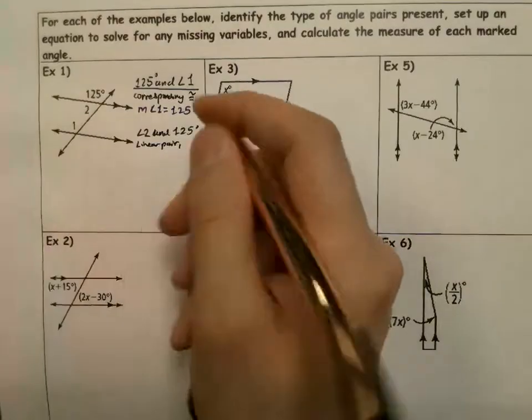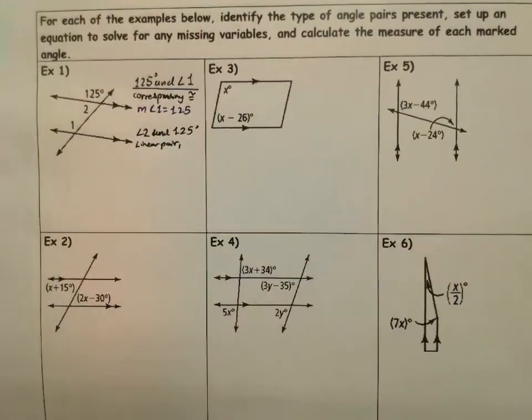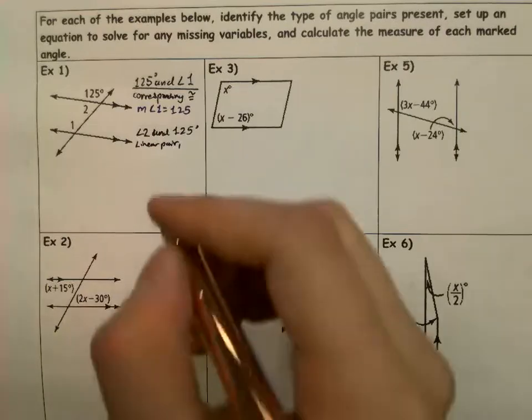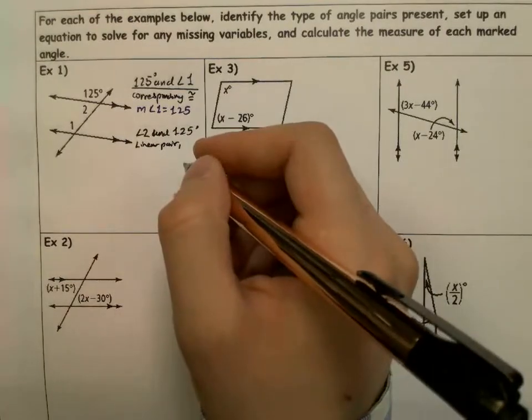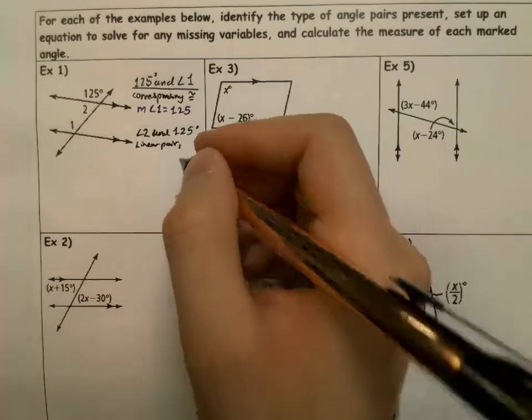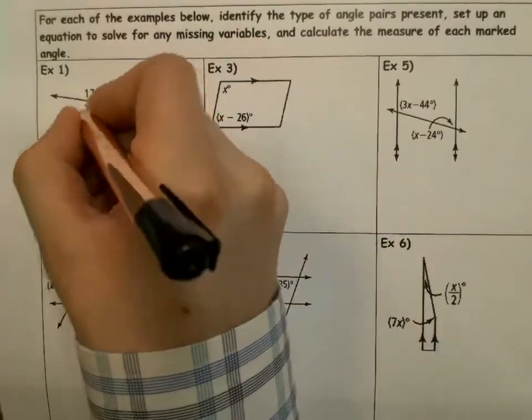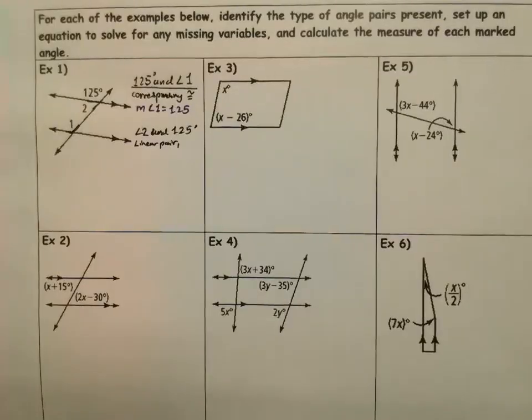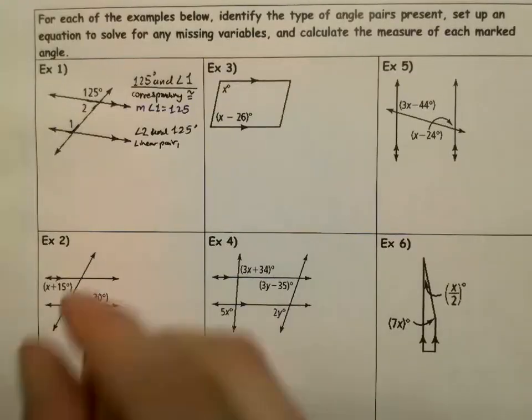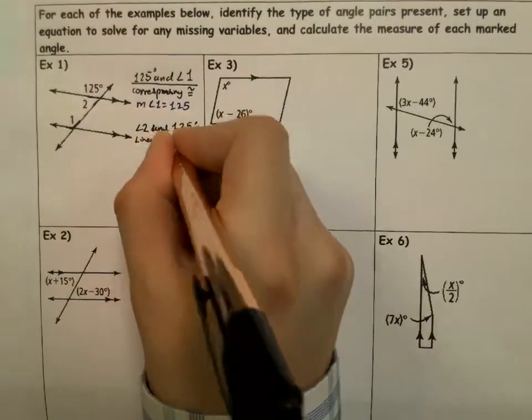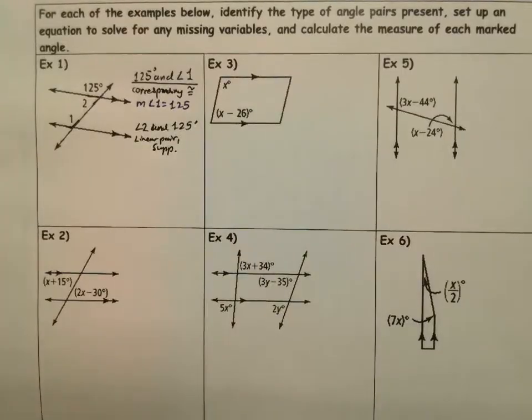i.e. they're supplementary. They're linear because they're on the same side along the transversal, right? Okay, but they're inside the parallel lines, which means what do those angles have to equal? 180, right? So that means that they're supplementary. I'm just going to put sup for short, S-U-P-P, dot.